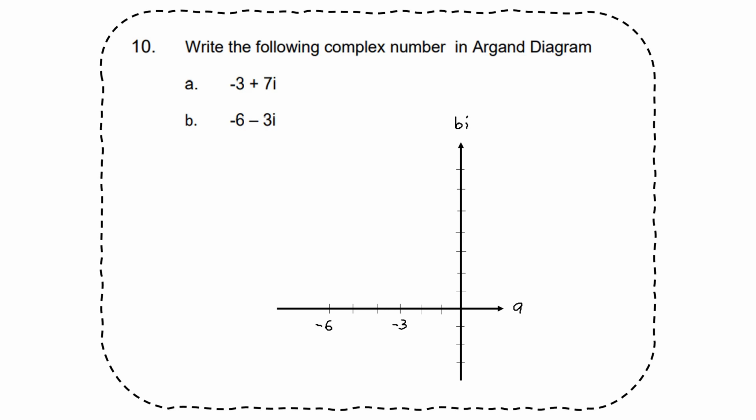And for the imaginary part, we have -3i, and then we have 7i. 1, 2, 3, 4, 5, 6, 7, 7i. Okay, for question A, we have this one, -3 plus 7i. Then we put the arrow here and we label it as -3 plus 7i.